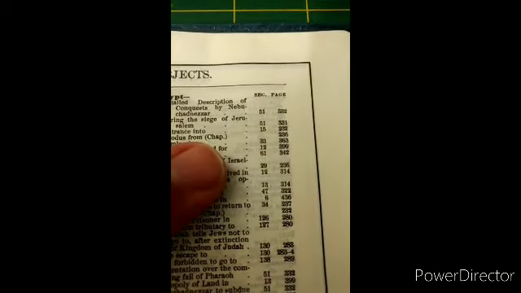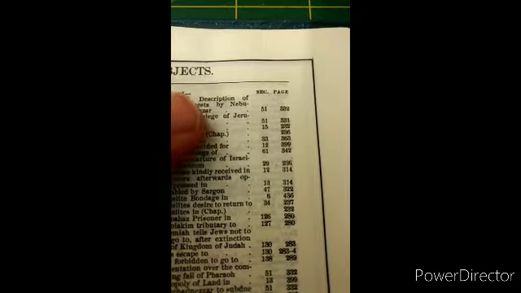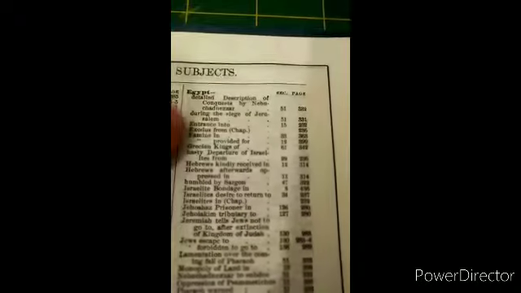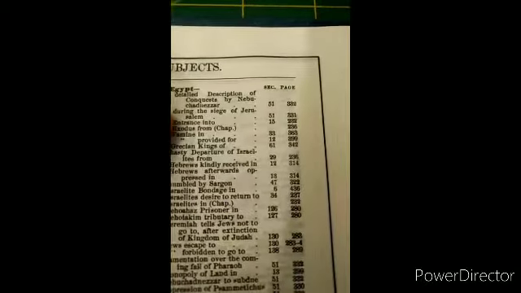You go to page, if it zooms in here, let's see here. Okay, page 332, section 51. It tells you about Egypt. So you go to page 332, section 51, not in the Bible itself, but in the books here, the 27 books.